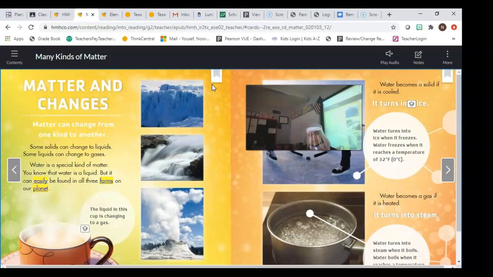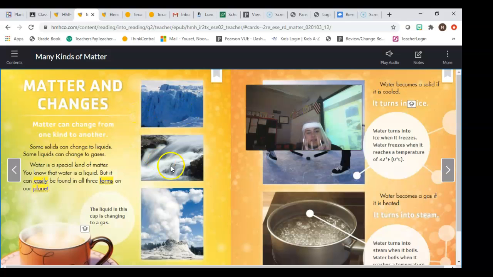To show us the what? Good, to learn about the different forms of matter. To show us the different forms of matter, we have a solid and a liquid and a gas. Very good. The solid is ice. It's all the same form. It's all water. When it freezes, it becomes ice, which is a solid.